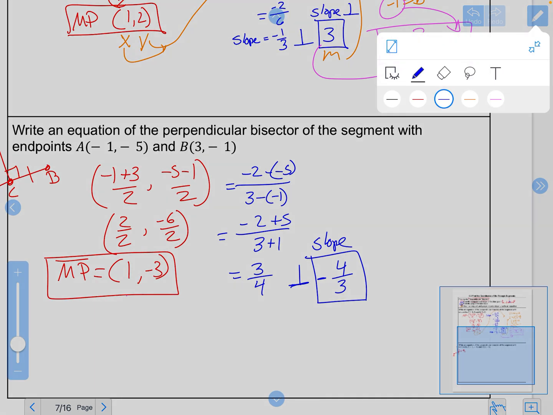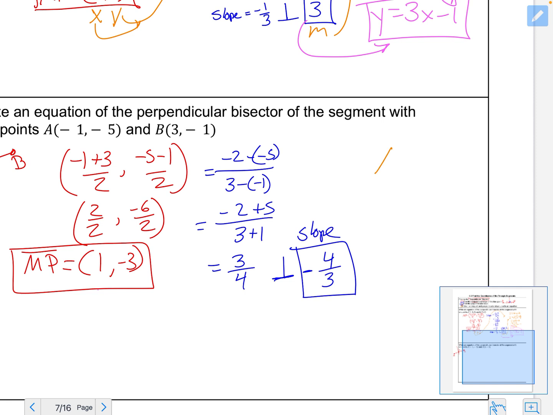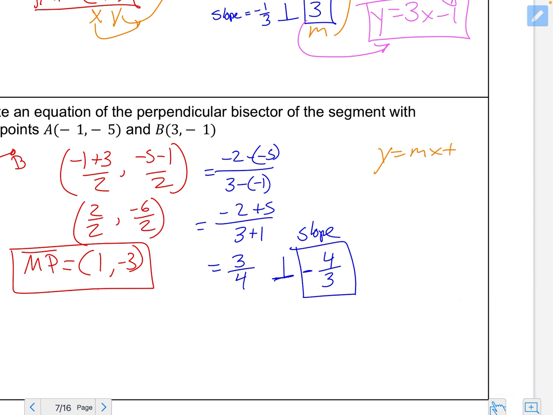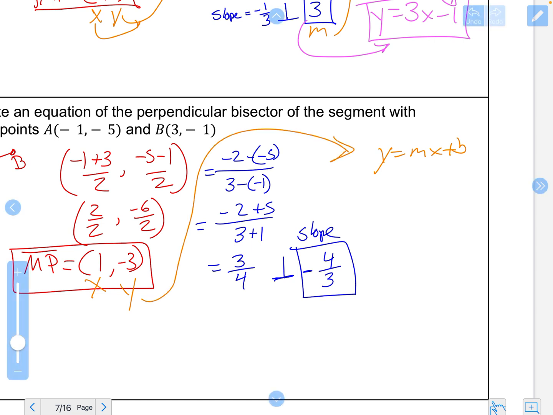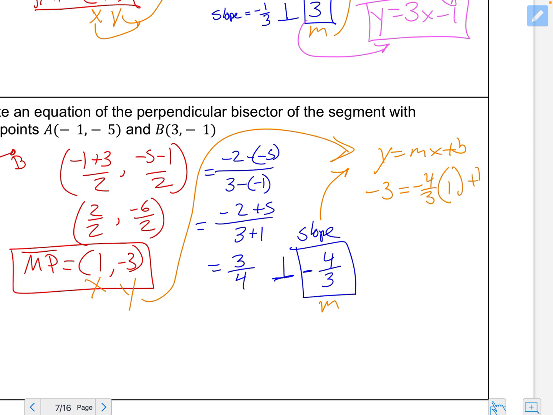And now we have everything we need to use our y equals mx plus b. And we can plug in our midpoint, which is our x and our y, into our equation. And we can also plug in our slope, which is our m, into our equation. So negative 3 equals negative 4/3 times 1 plus b.